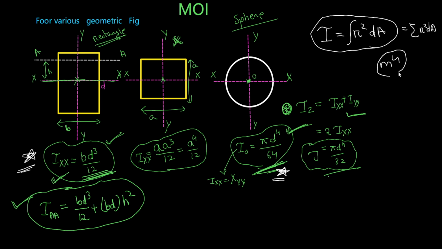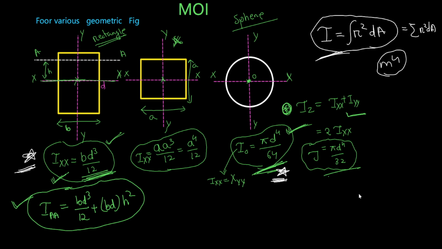If you know these four things and the general formula, you can answer any question regarding mass moment of inertia and area moment of inertia. If you need one more, I will give.